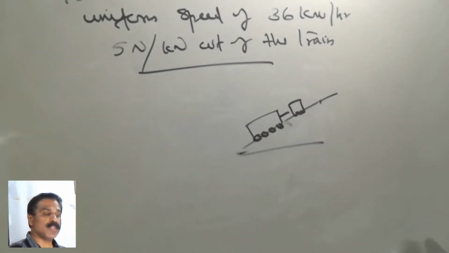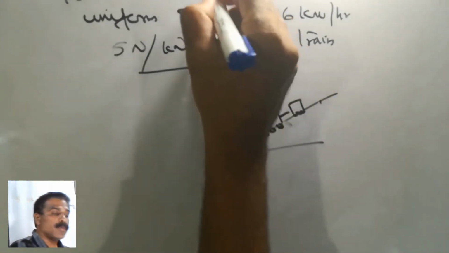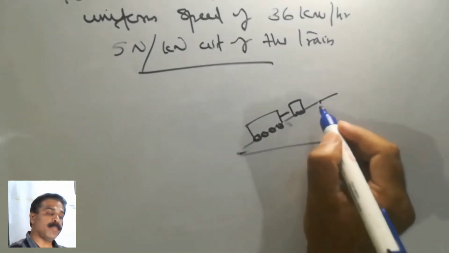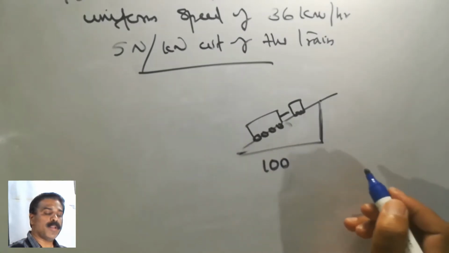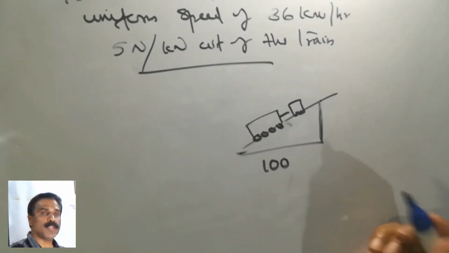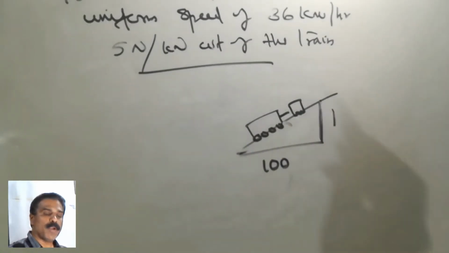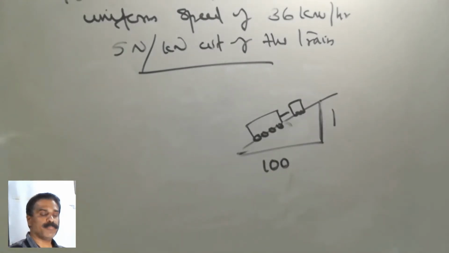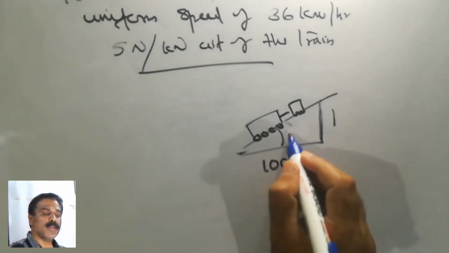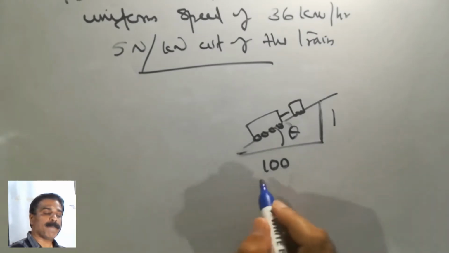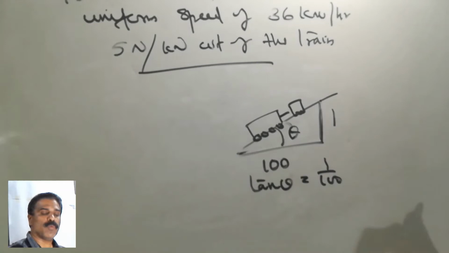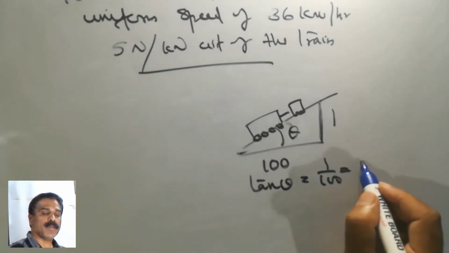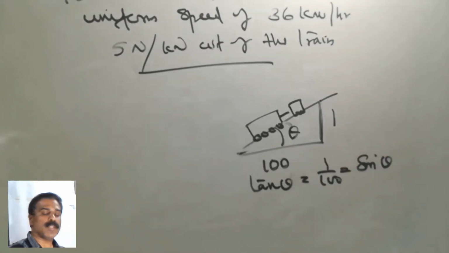Slope in the question is given as 1 in 100. That means for each 100 horizontal units or meters, 1 meter height. That is 1 in 100. Let this be theta. Then tan theta equal to 1 by 100, which can be written as equal to sin theta.